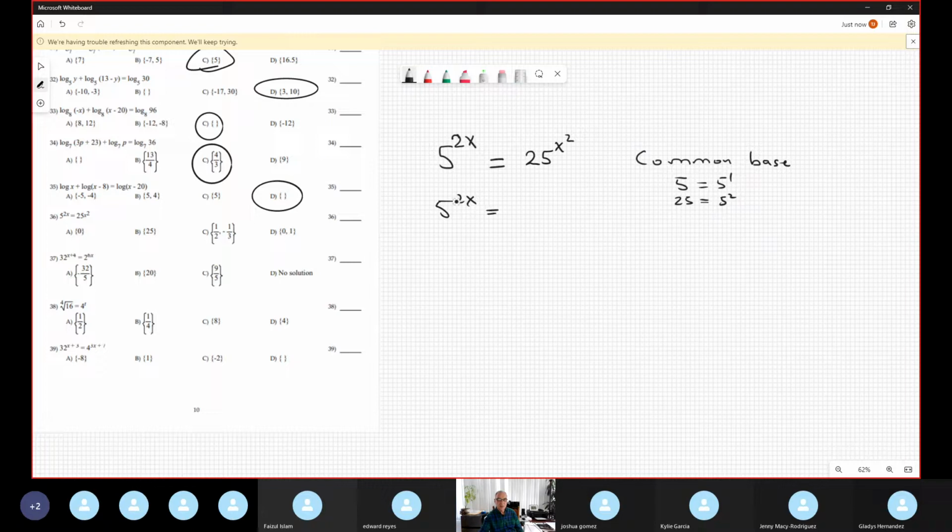And you replace mentally 25 like a 5 squared raised to the x squared. And x squared is the exponent. You have two levels of the exponent, and you multiply. It's 5 times 2x squared. Now you have two exponentials and the base is the same, so the exponent is the same.